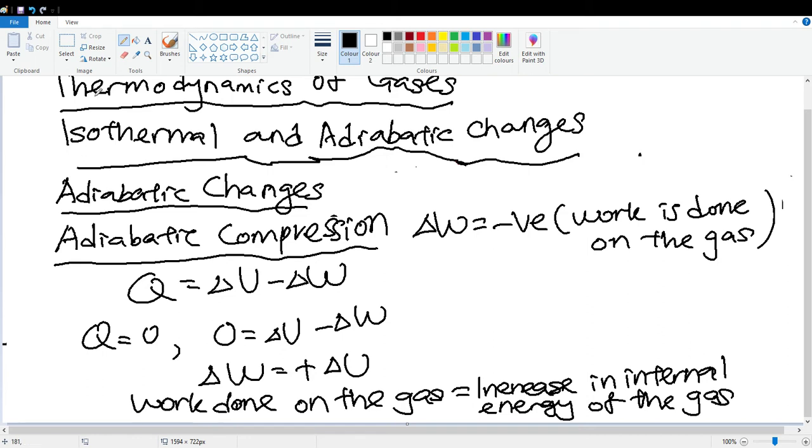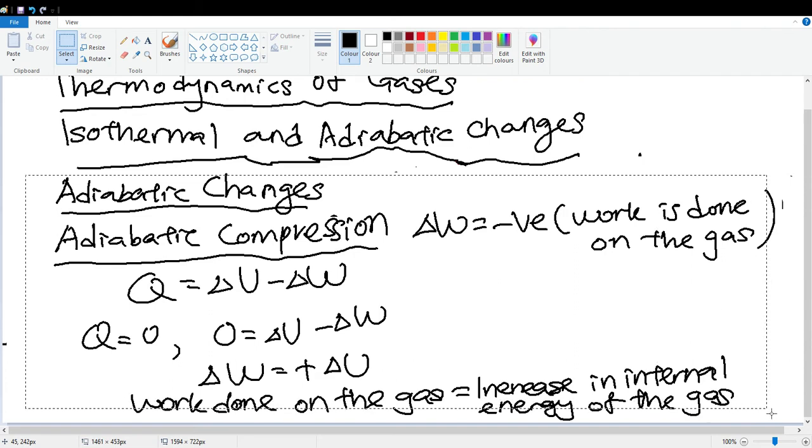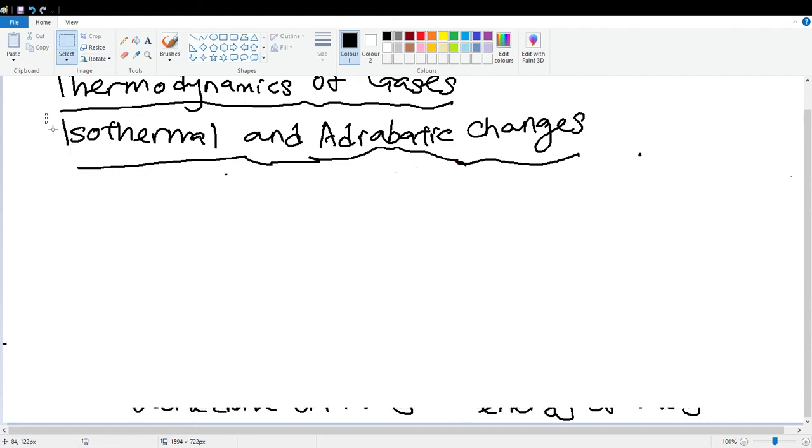Alright, so we have done the two processes of adiabatic changes. We're still in the part on adiabatic changes. Let me just erase this so that I have a bigger space.